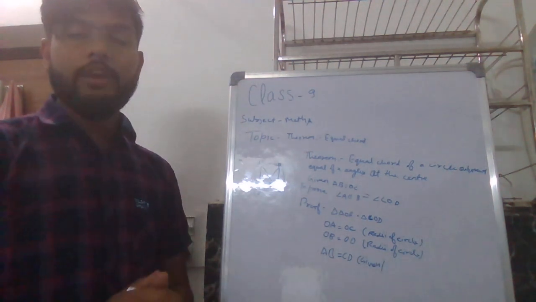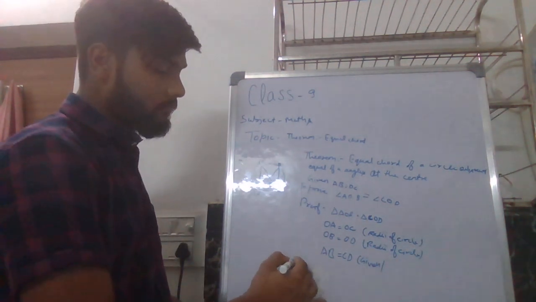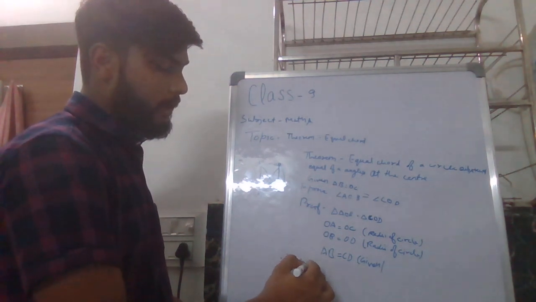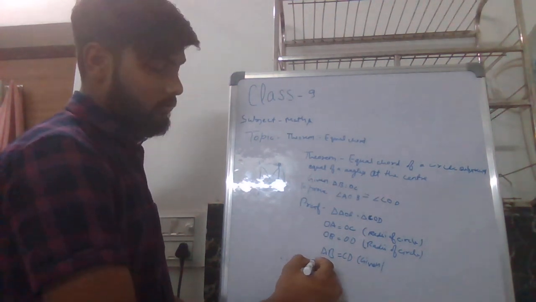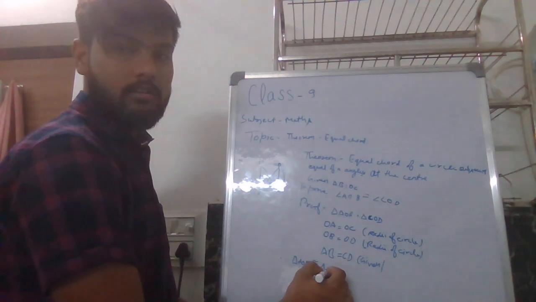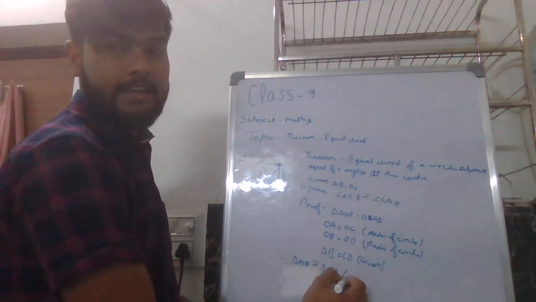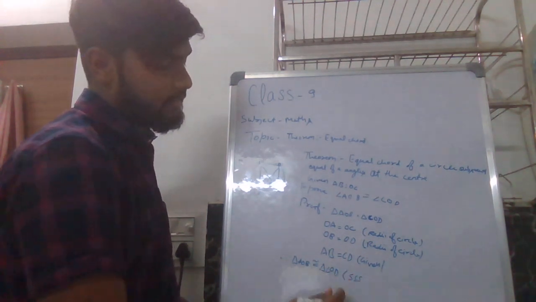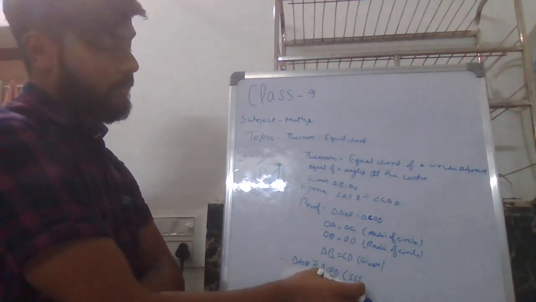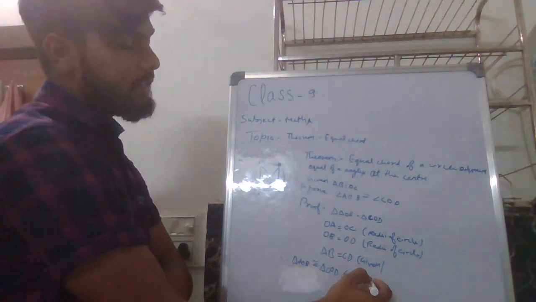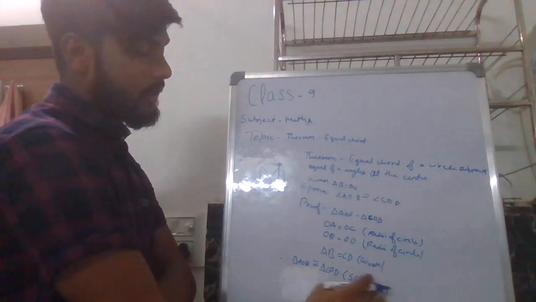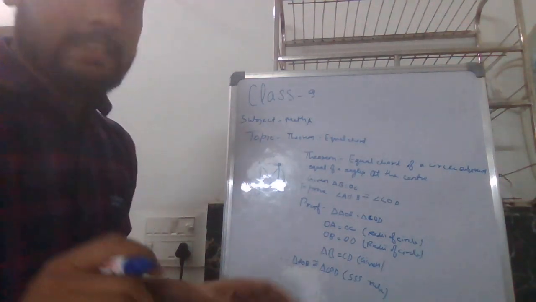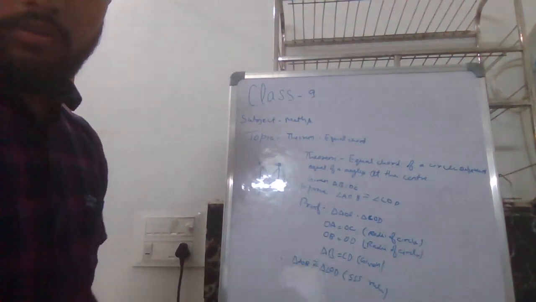Now we can see that triangle OAB and triangle COD are congruent by the SSS rule, side-side-side.